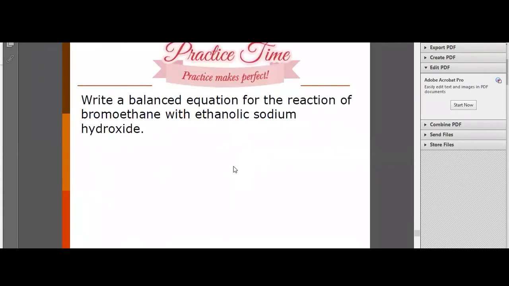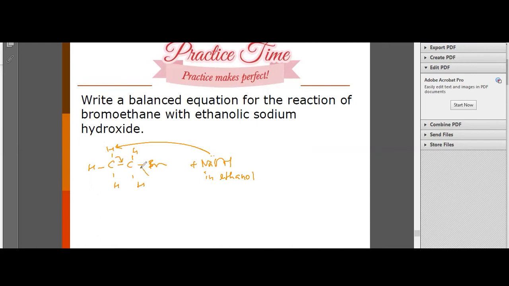Write the balanced equation for the reaction of bromoethane with ethanolic sodium hydroxide. So you can try to draw the bromoethane structure with NaOH in ethanol. Once again, OH minus will attack H at C adjacent to the CBr.